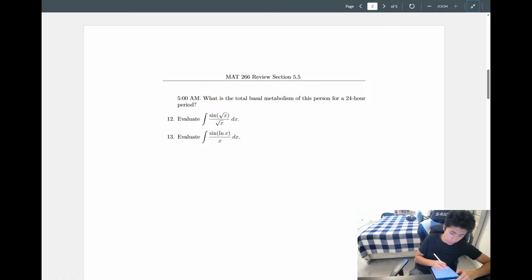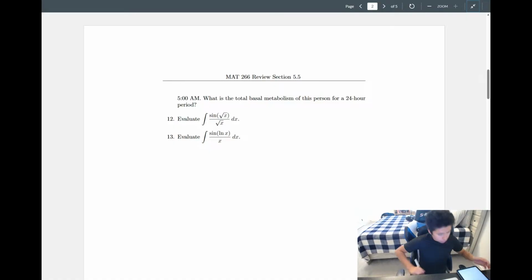12. Let's see. So, well, u should obviously be let's say the square root of x, the derivative of that.